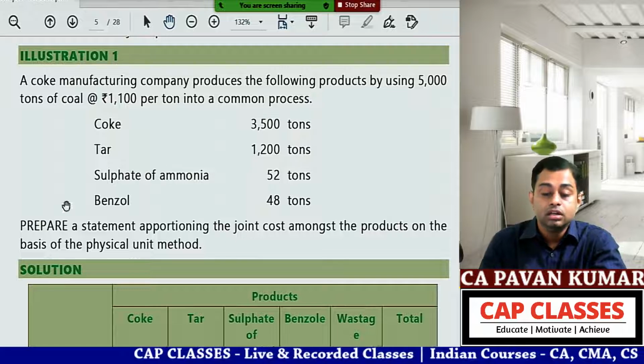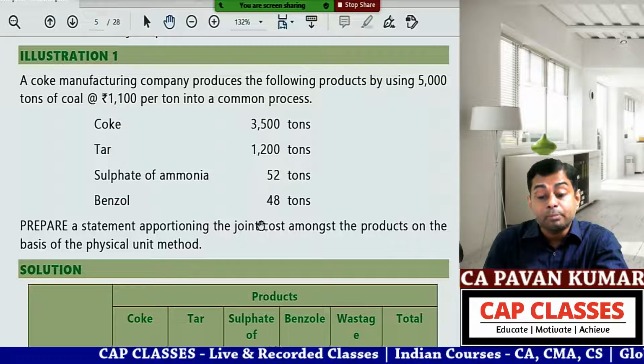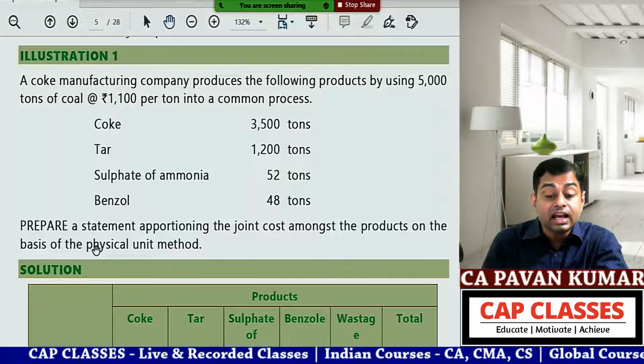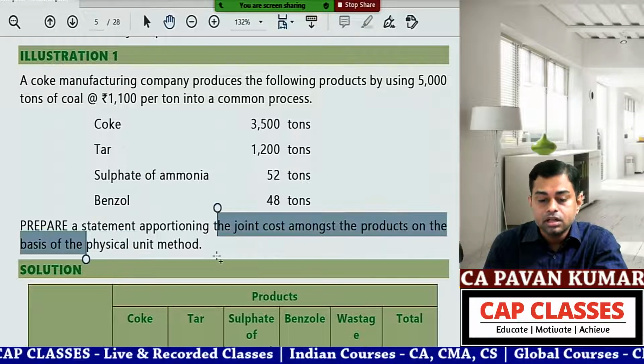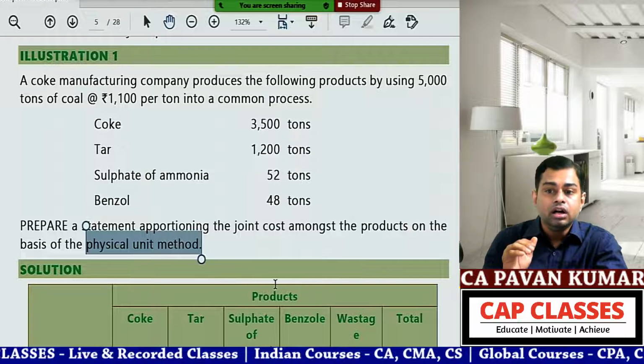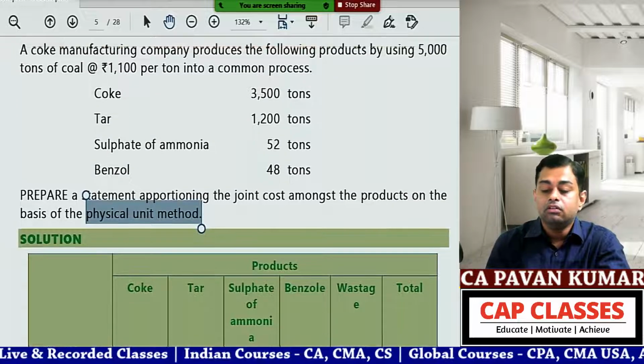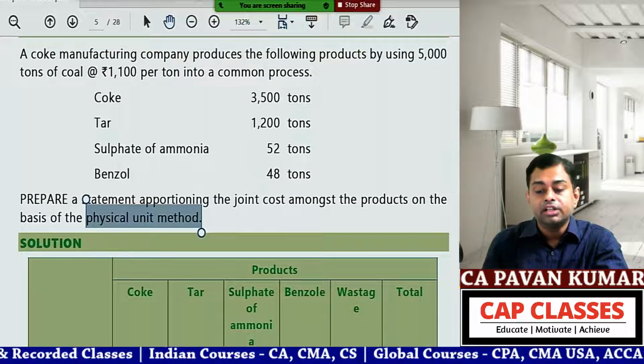Then prepare a statement apportioning the joint cost amongst the products on the basis of physical unit method. They're asking you to do the physical unit method. Did we discuss what the physical unit method is?